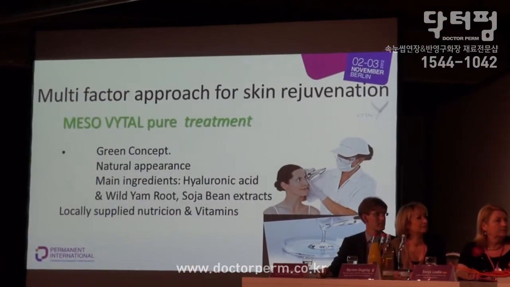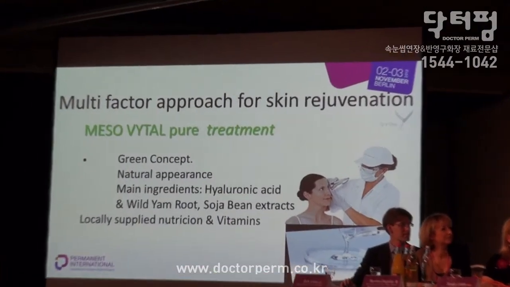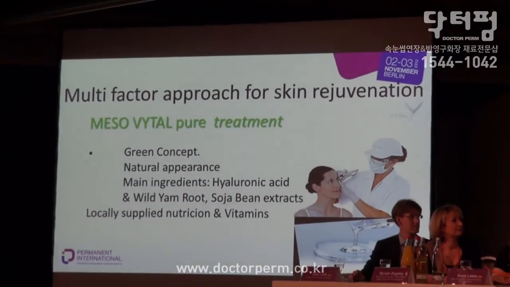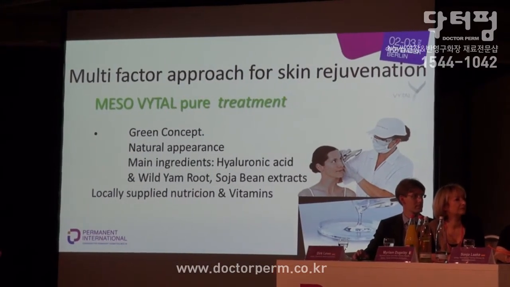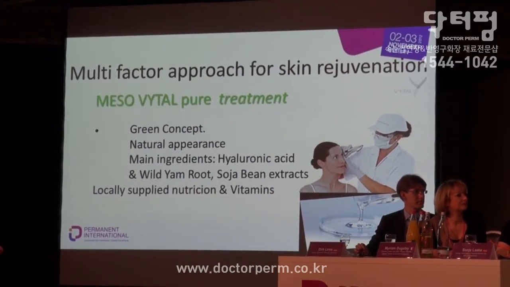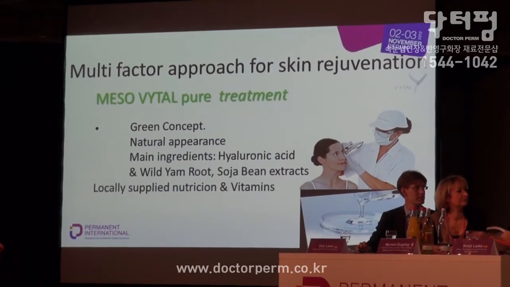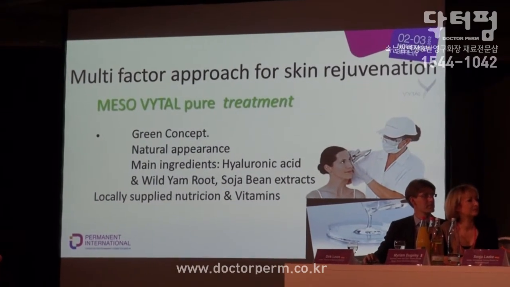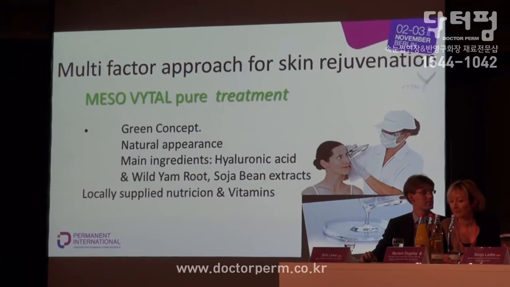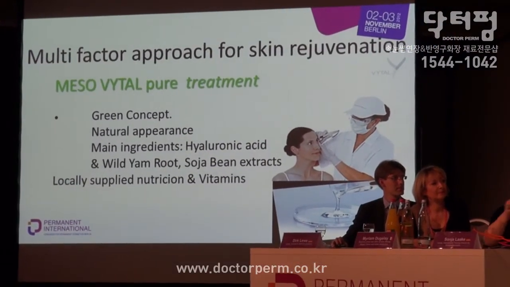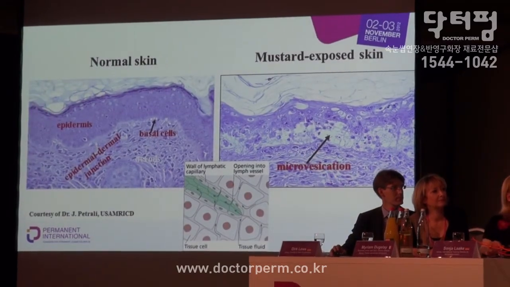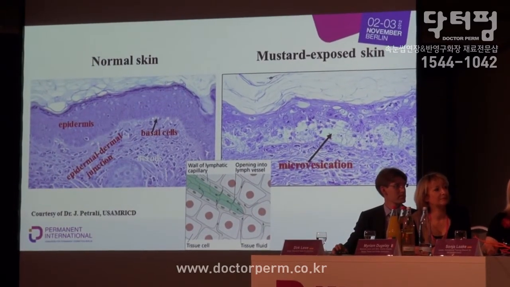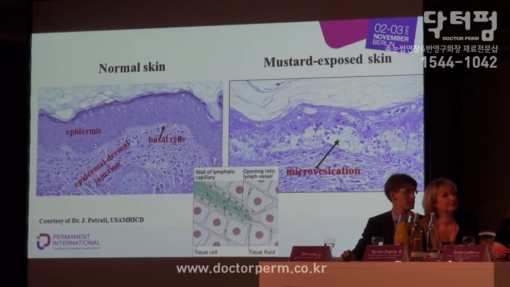The main ingredients in this mesovital pure treatment are the hyaluronic acid to get the fluid under your epidermis and to have some nutrition and extra vitamins for the well-being of these cells, because these cells are getting more active. I will explain this with an example.